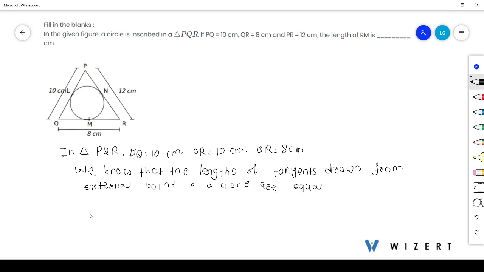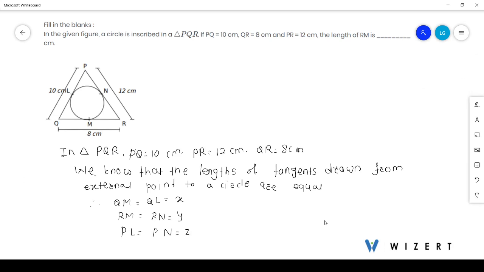So here we can observe QM equals QL. Suppose this is X centimeters. RM equals RN. Suppose this is Y centimeters. PL equals PN. Suppose this is Z centimeters.